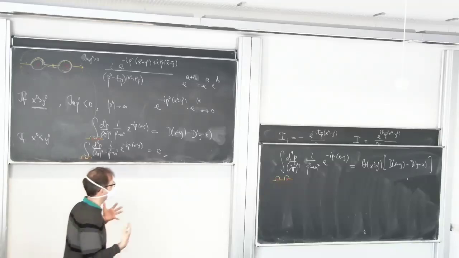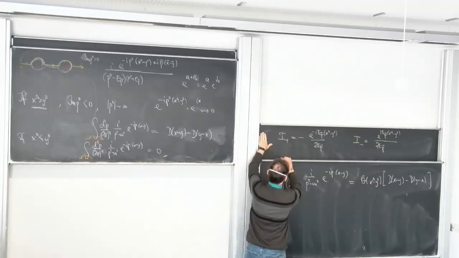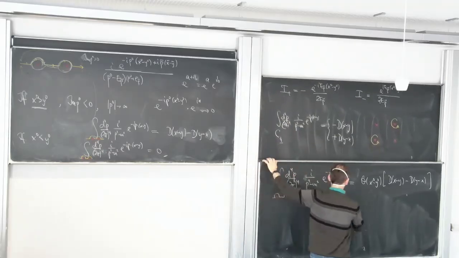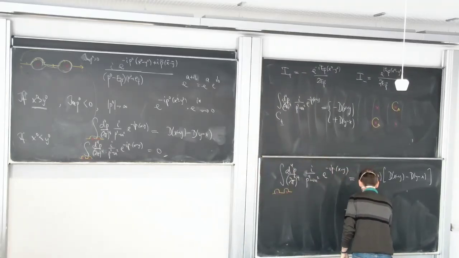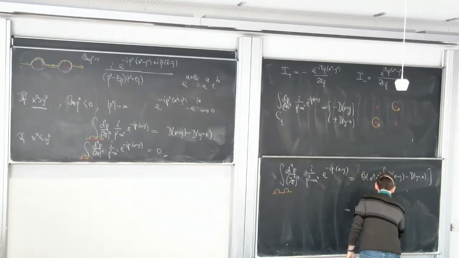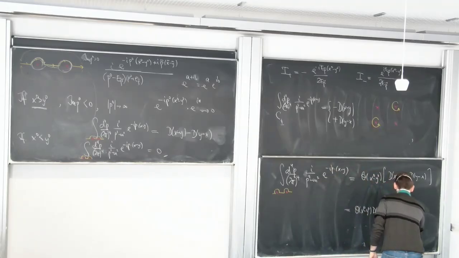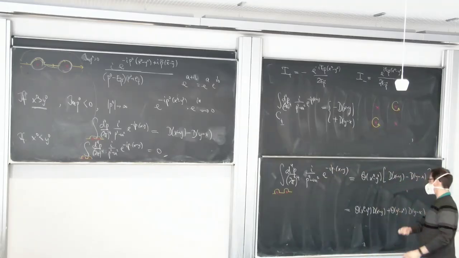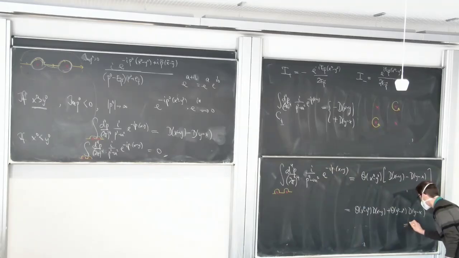Now, the question to you: can you see what we need here to get theta? Because this thing is DF. That wasn't, but this is.